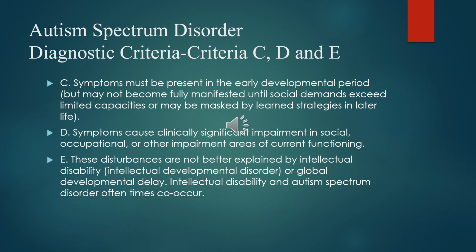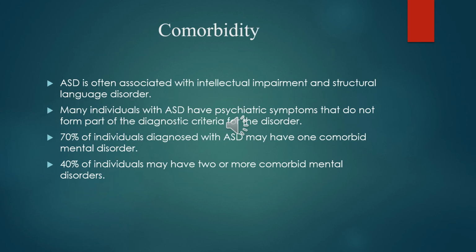Next, I will be discussing the comorbidity for slide 17. Comorbidity. Autism spectrum disorder is often associated with intellectual impairment and structural language disorder.